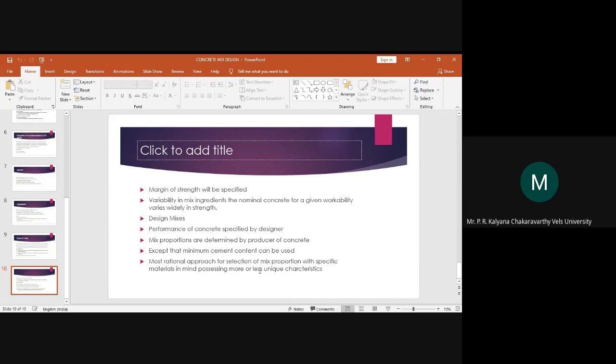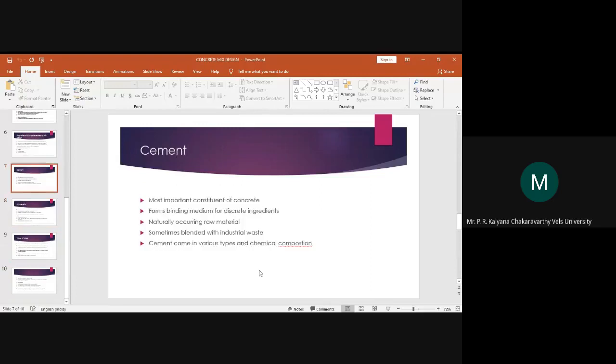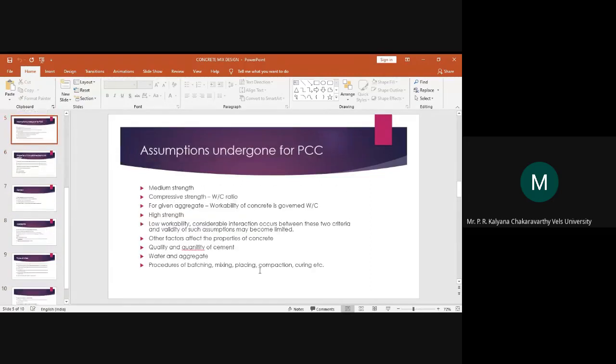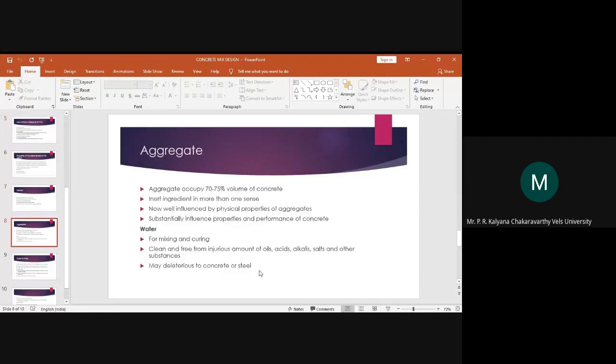And another important thing: you should maintain proper activity during the following factors which you have discussed earlier. What are the factors? Batching, mixing, placing, compaction and curing. We have to maintain the exact procedure. There should not be any variation in the procedure.